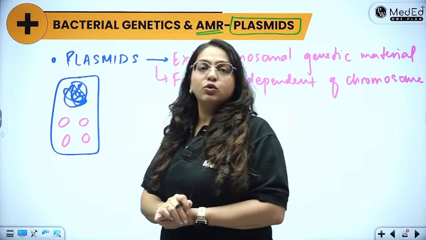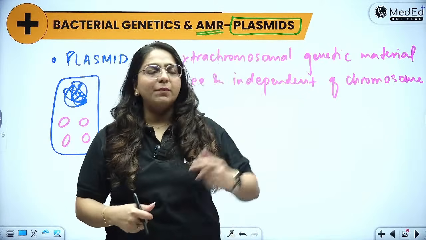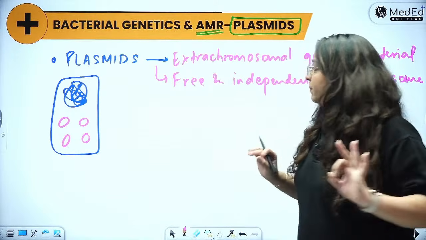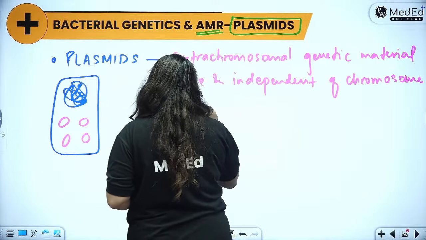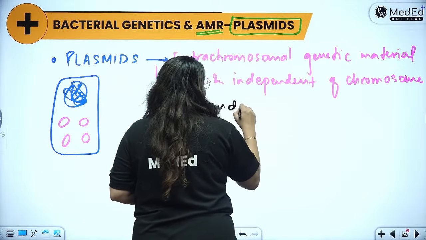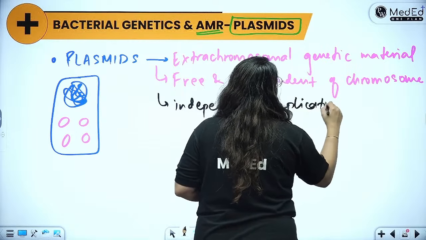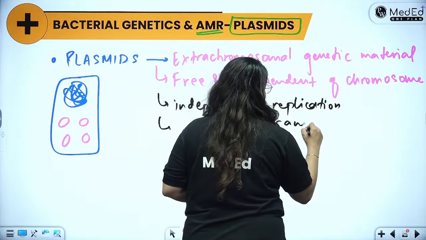Sometimes the bacterial chromosome may not be dividing, but plasmid can divide. Plasmid can replicate. Plasmid can transfer. Plasmid is independent. It is capable of independent replication, and it can also cause independent transfer to the other bacteria.